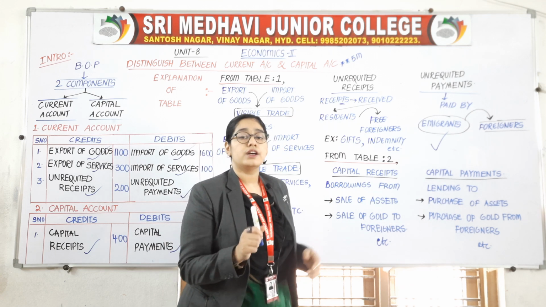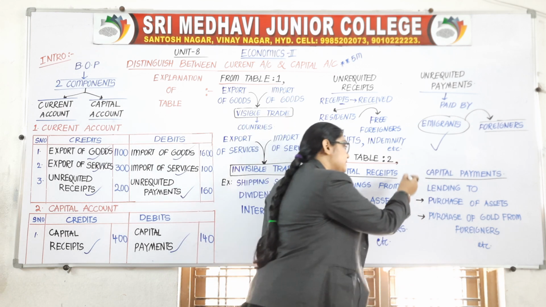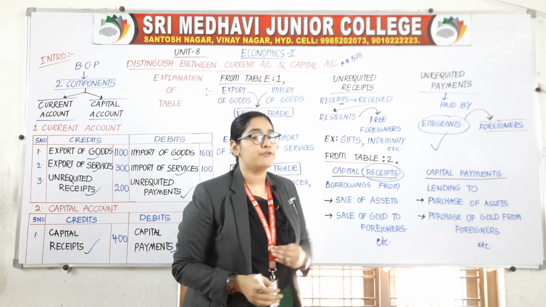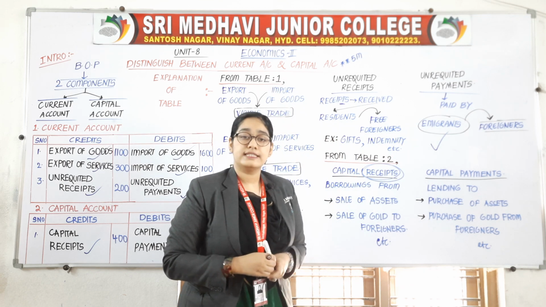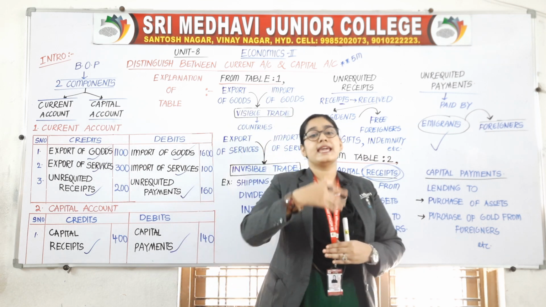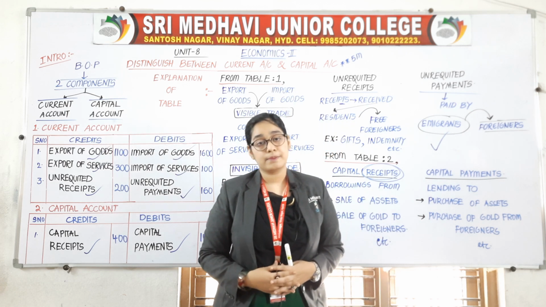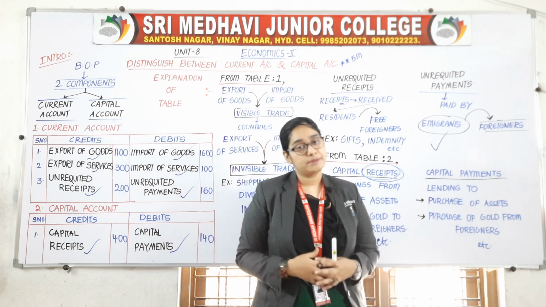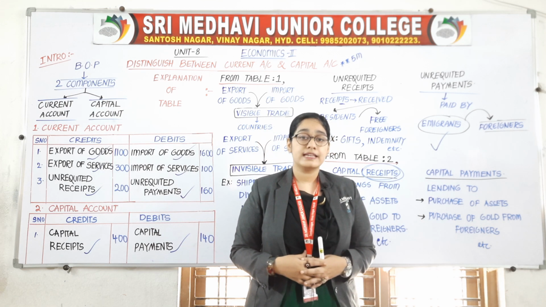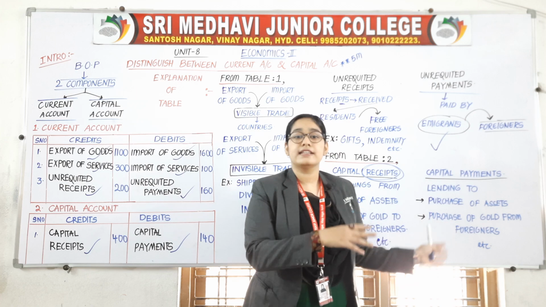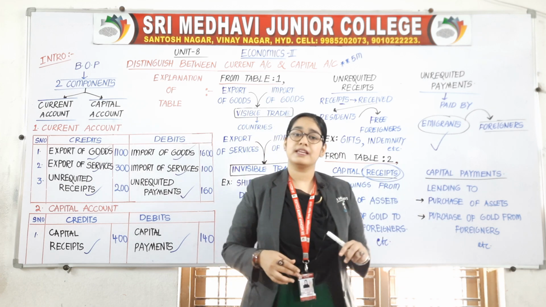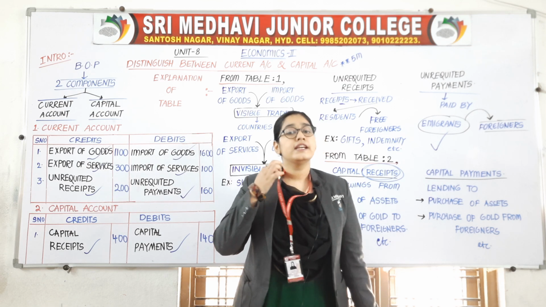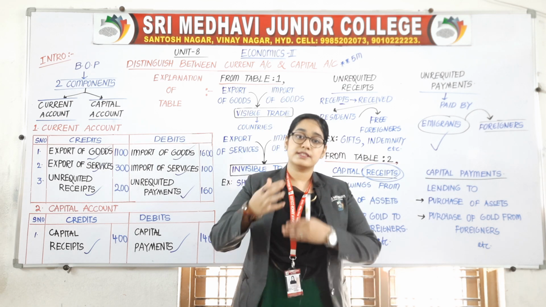Girls, whenever you see the term receipts, receipts means it is income for you. For example, if I sell a book, I'll get money. If I sell a building, I'll get money. If I sell any electronic item, I'll get money. So sale of any asset, or if I sell jewelry, I'll receive money.